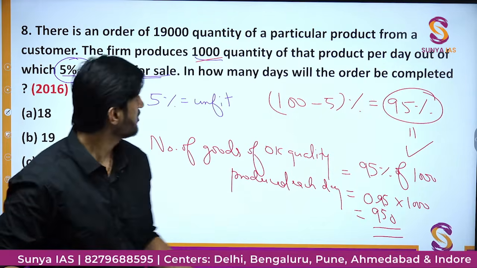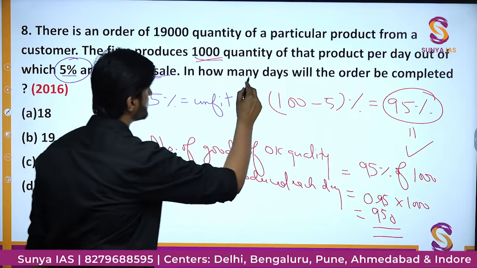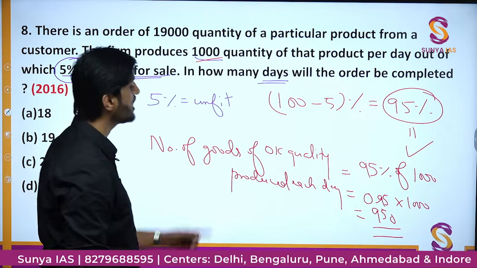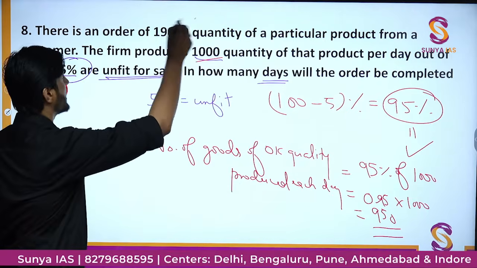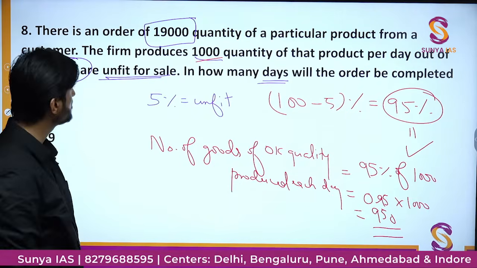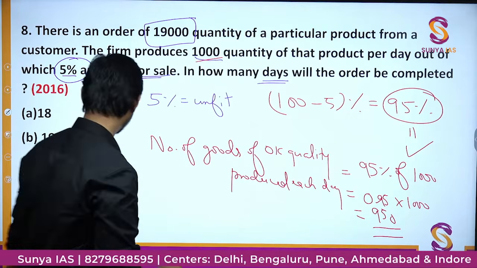Now what we have to find here is that what is the number of days in which the order will be complete. So the total order is of 19,000 goods. Each day you are producing only 950 goods. What will be the number of days?